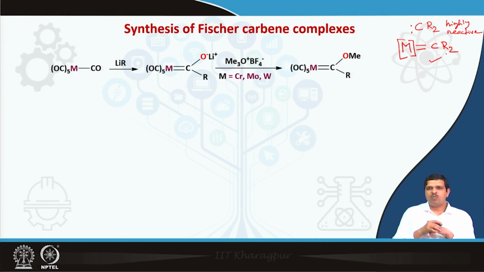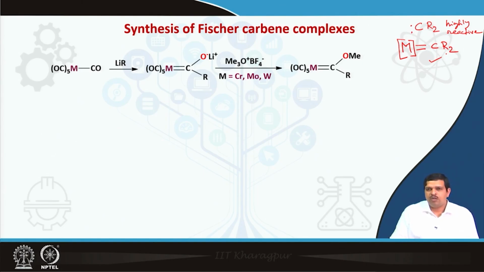The metal-carbon bond for Schrock carbene is quite stable, quite strong, whereas the Fischer is not that stable or strong. Accordingly, the polarity of the metal-carbon bond in Fischer and Schrock is exactly opposite.